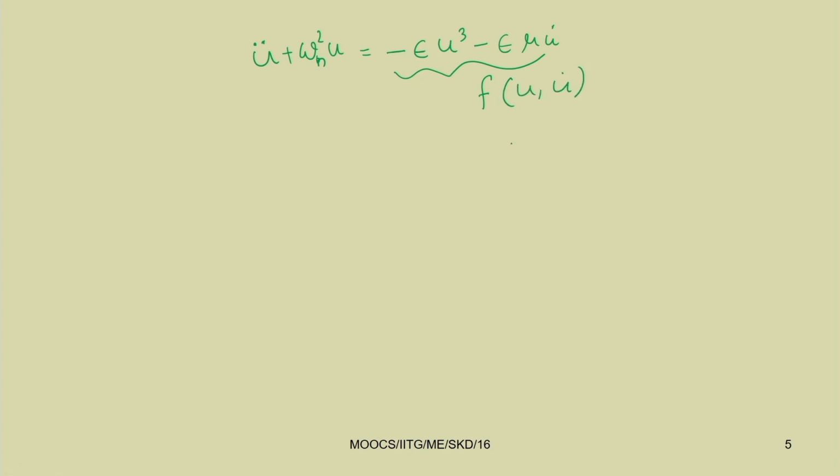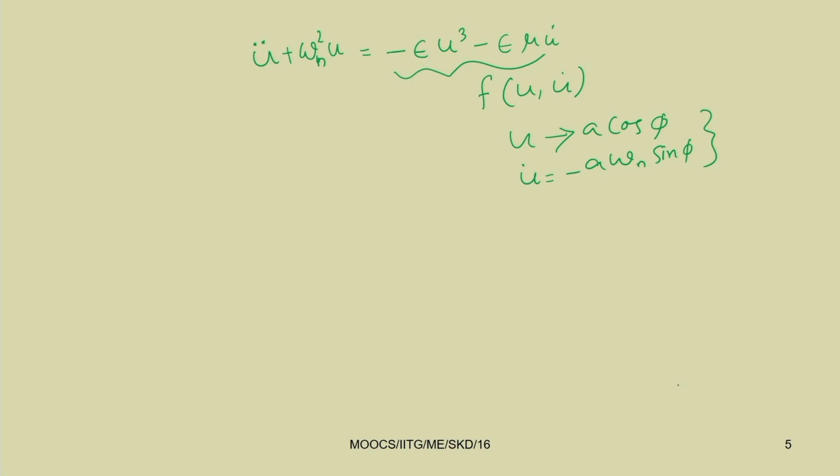Already you know, for u we substitute a cos phi, and for u dot it is equal to minus a omega n sin phi. By substituting this, u cube will be equal to a cube cos cube phi. Then for a dot we multiply by sin, and for beta dot we multiply by cos, and integrate.